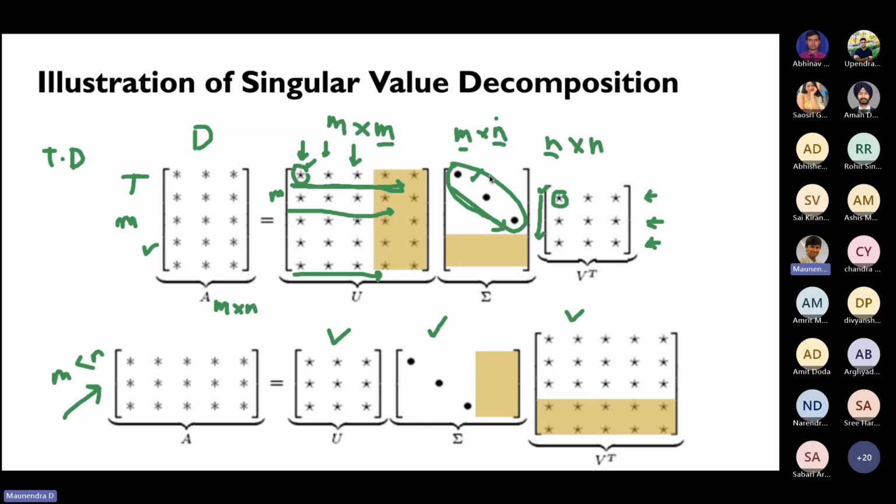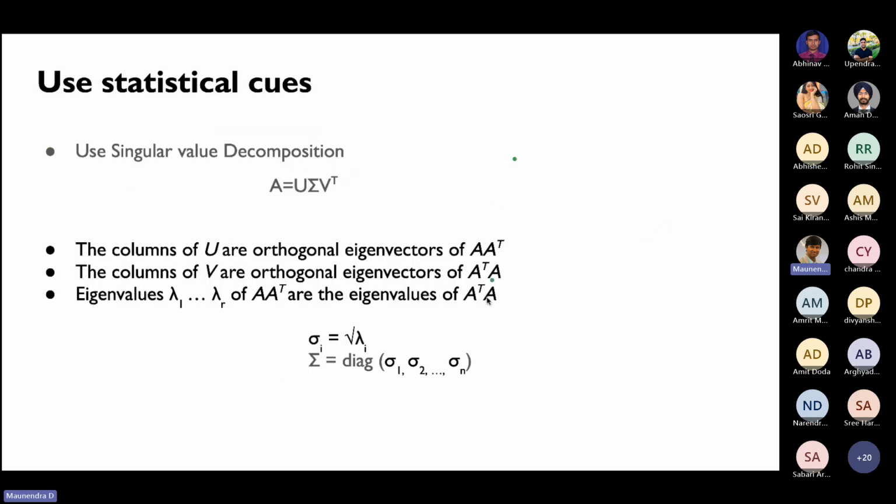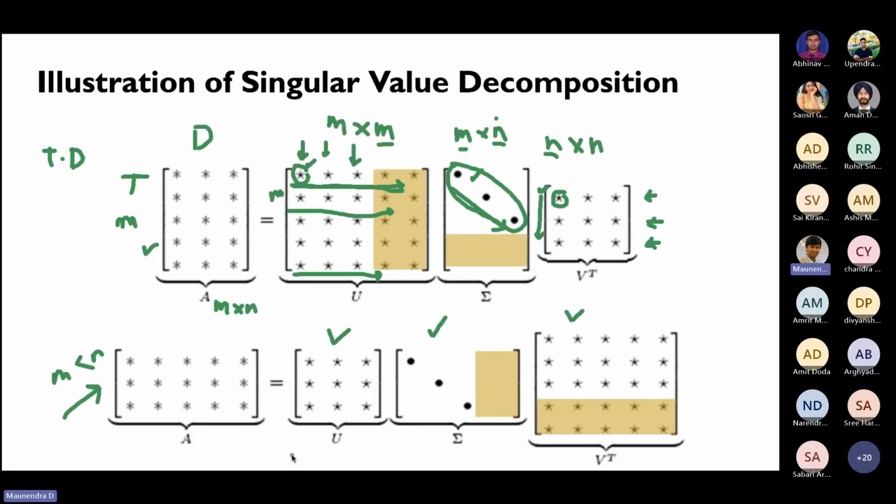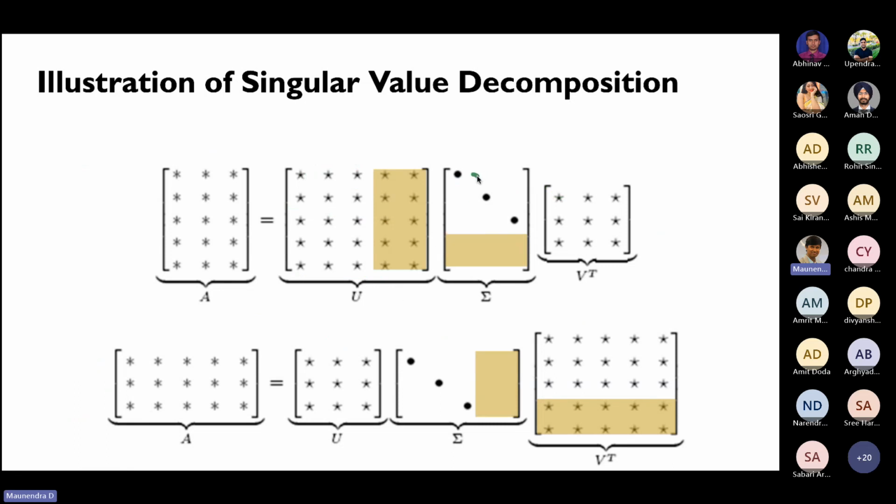Before I go there, one thing I should mention is that typically in this sigma, these singular values are stored in decreasing order, which means this one is greater than this one, which is greater than this one. And this is done for a reason.